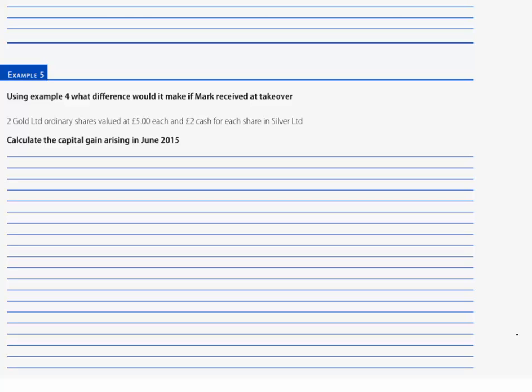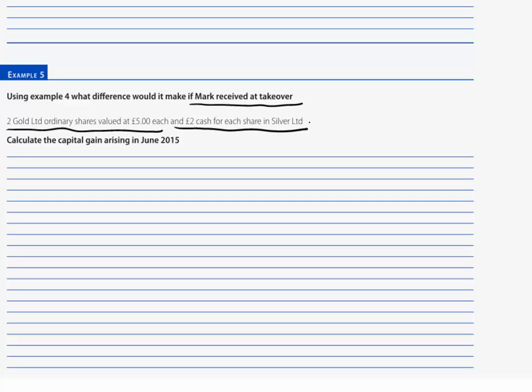Okay, so example 5. Again, here we use information we had in example 4, but this time we'll assume that at the time of takeover, Mark received, again, 2 Gold Limited ordinary shares, once again valued at £5 each. But instead of 1 preference share worth £2, he actually got £2 cash for each share held in Silver Limited.